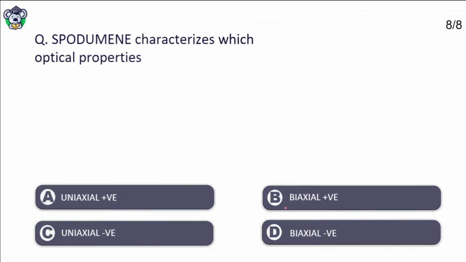Spodumene characterizes which optical properties? Uniaxial positive, biaxial positive, uniaxial negative, biaxial negative. The right option is option B, that is biaxial positive. Spodumene is a pyroxene group mineral.